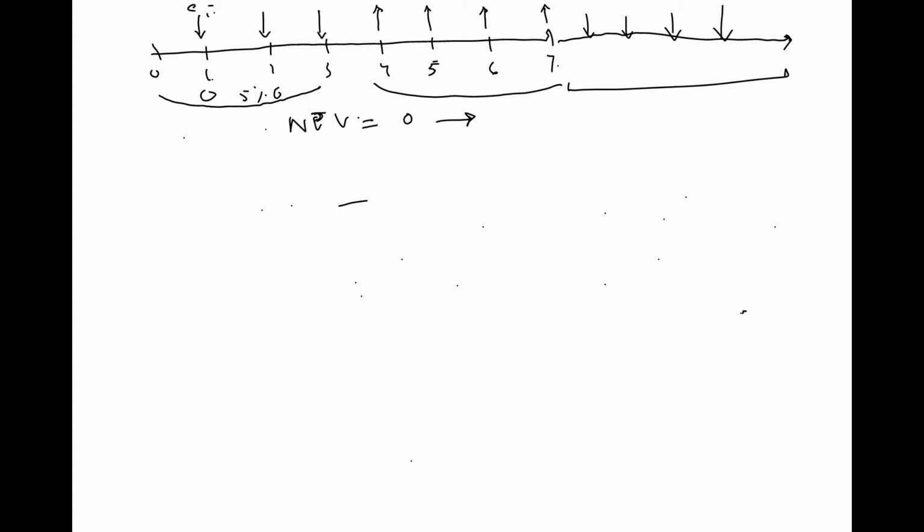So this NPV equals 0 would give you an equation to solve for the missing third cash inflow, that is the third year saving amount that you require.